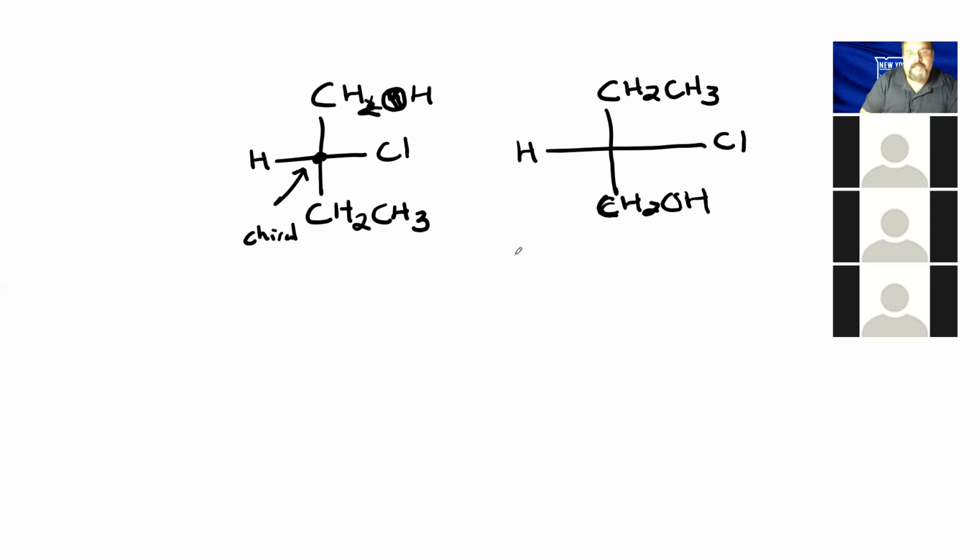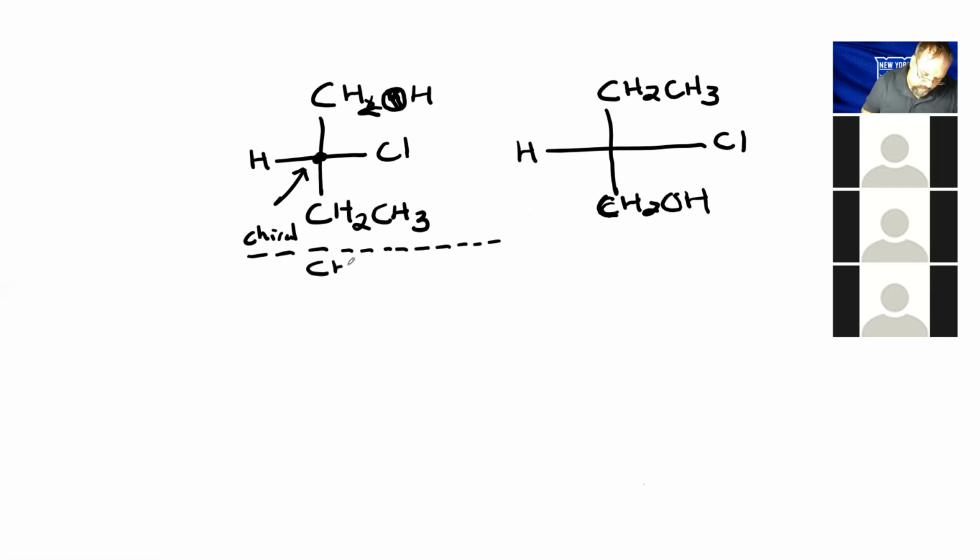So again, just going back to this one. Unless they're drawn exactly the same, these two can't be identical. Notice in this case, the H and the Cl stayed where they were if you're comparing left and right, but the CH2OH, which was on the top, now ends up on the bottom, and the CH2CH3, which was on the bottom, now ends up on the top. What type of mirror did they use to come up with this other structure? They used the horizontal mirror.